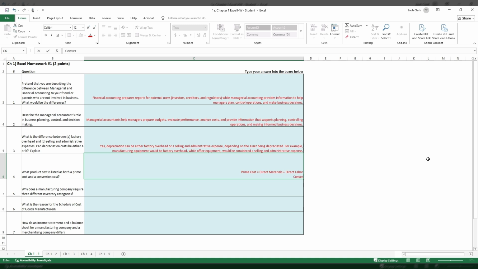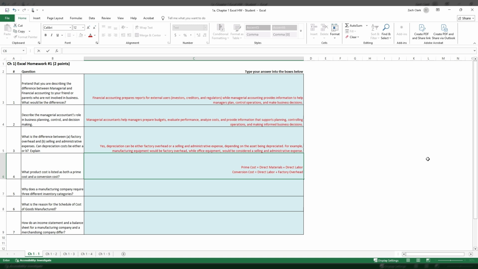And then we have this concept called conversion cost. A conversion cost is going to be direct labor, same as in the prime cost, but then it includes factory overhead. When we say factory overhead, this is going to be costs that are not specifically traceable or that you can't directly associate with the production of a specific product.